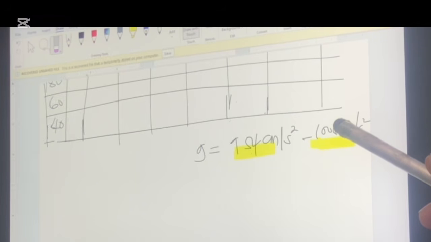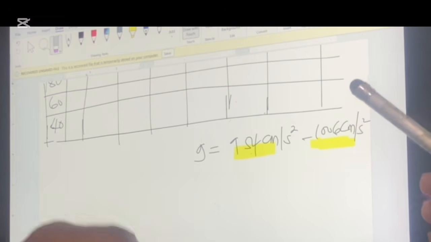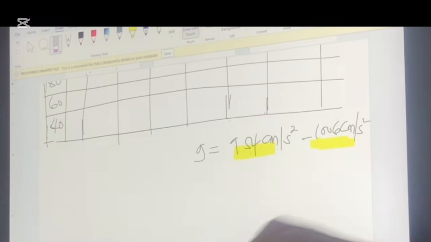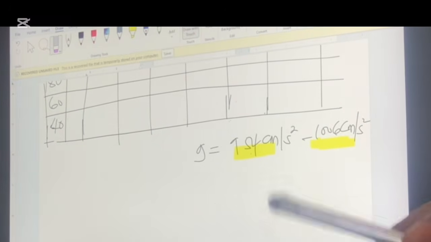Please listen carefully. The value of g is not always 9.8 or 10 in an experiment. It can only be 9.8 or 10 in ideal calculation. But in practical, we can make mistakes. That is why they gave us a range.